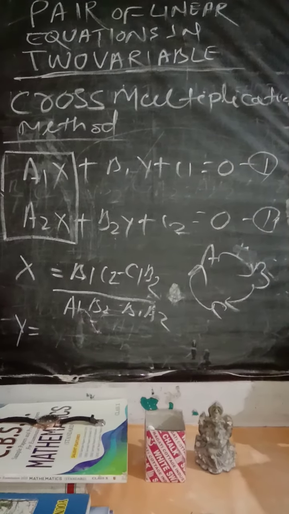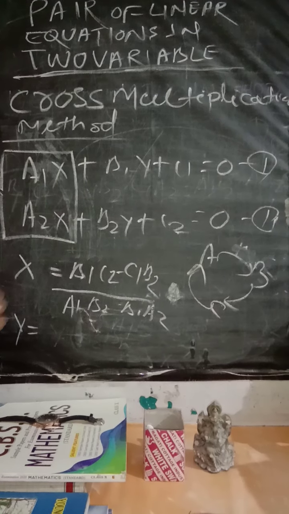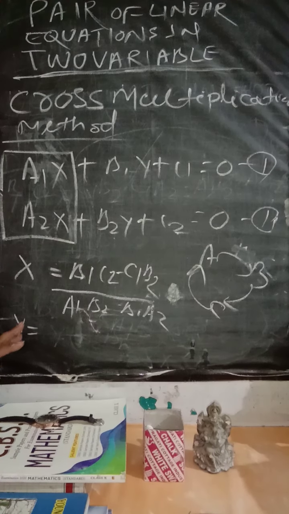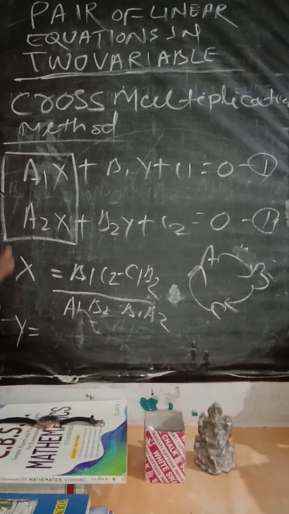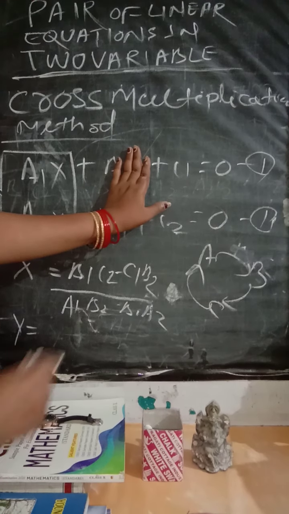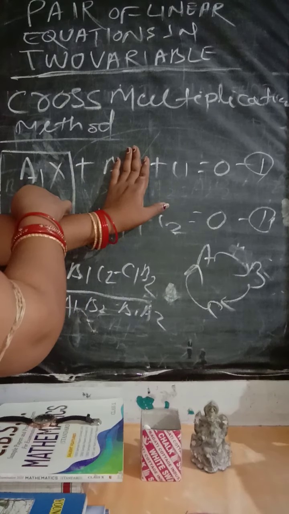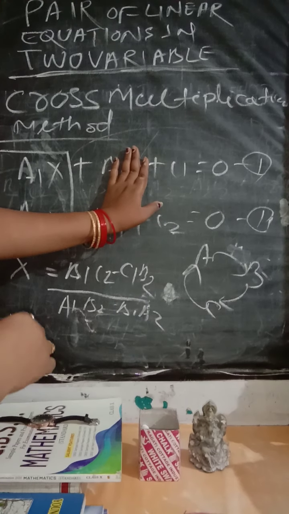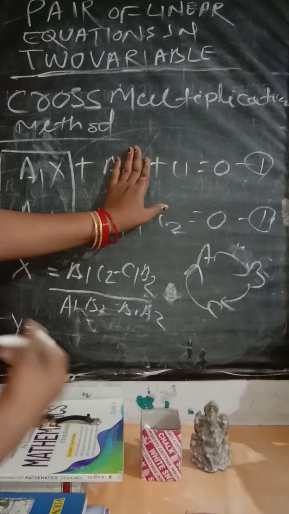If you think about the value of y, then you omit the y part. Which part is left? A and C. So I told you about the cyclic order.